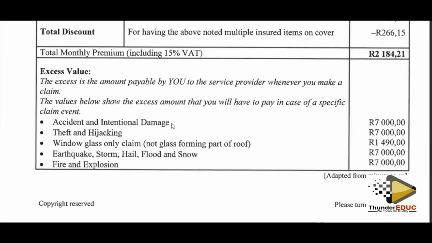All right. Accident and intentional damage, you pay 7,000. Theft and hijacking, you pay 7,000. Windscreen glass only claim, non-glass forming part of the roof, it's supposed to be 1,490 rands. Earthquake, storm, hail, floods, and snow, 7,000. Fire and explosions, 7,000. All right, those are the values.